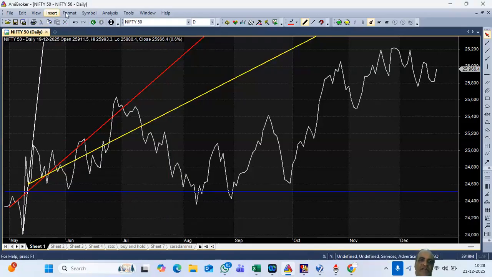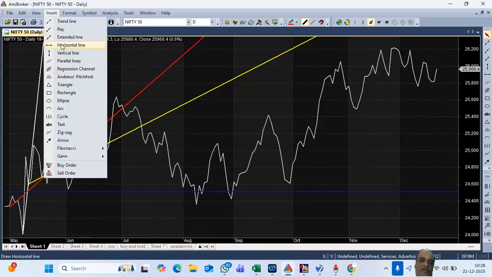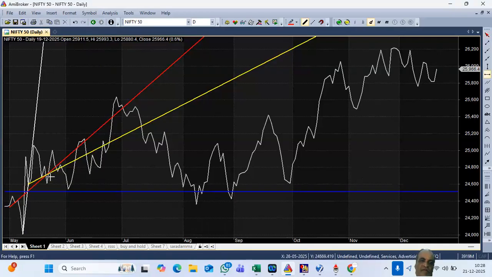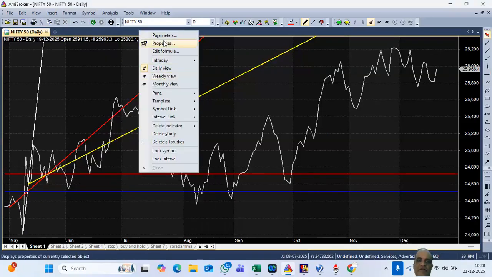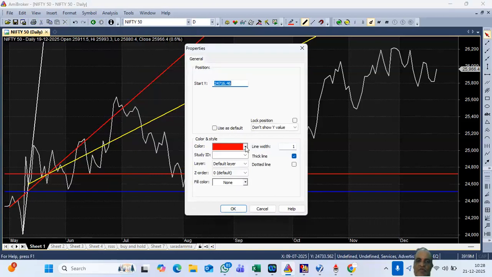And I place a cross section, a horizontal line at the cross section, and I will change the color to blue for all horizontal cross sections.